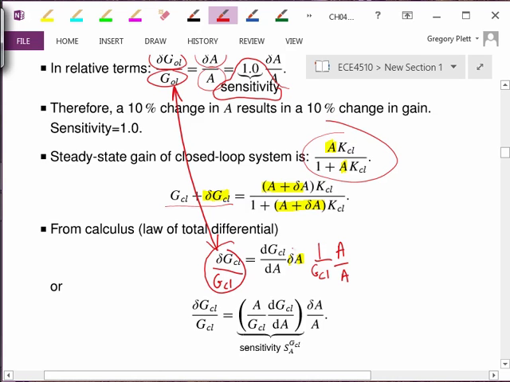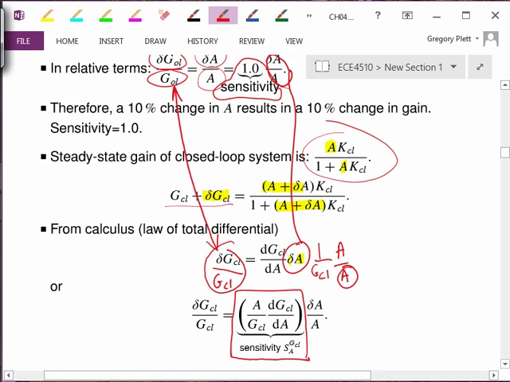And I can also have the delta A over A, which corresponds with this term I had over here. So everything that's left over is the sensitivity. And combining everything that's left over gives us this term right there.